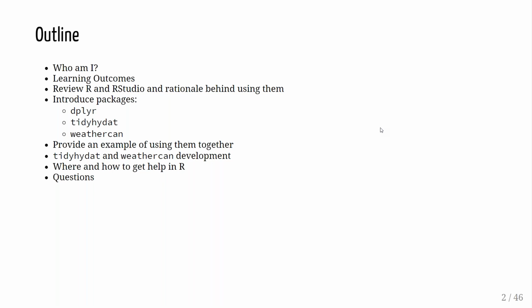One of them is a very common data manipulation package used in R that works really well with Tidy HYDAT, which is a package that accesses Environment and Climate Change Canada's HYDAT database, as well as some real-time data, and then WeatherCan, which accesses meteorological data. I'm going to try and show an example of using them together, just in a very broad sense of trying to show you some capabilities of using R.